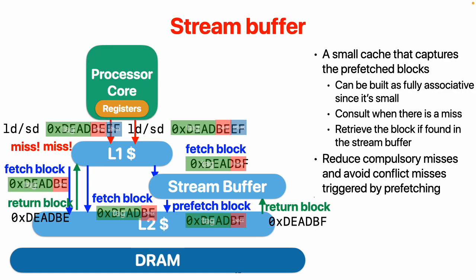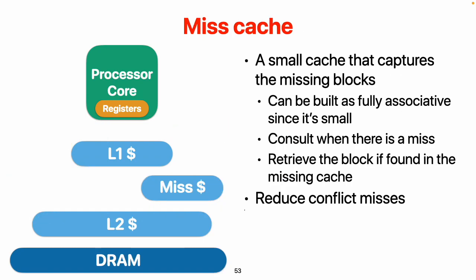If it's luckily in the stream buffer, then instead of going to L2, I can directly get the data from the stream buffer. That's the stream buffer. So prefetching itself doesn't help Tegra X1, but with a stream buffer, it would help because at least I can reduce the compulsory miss.